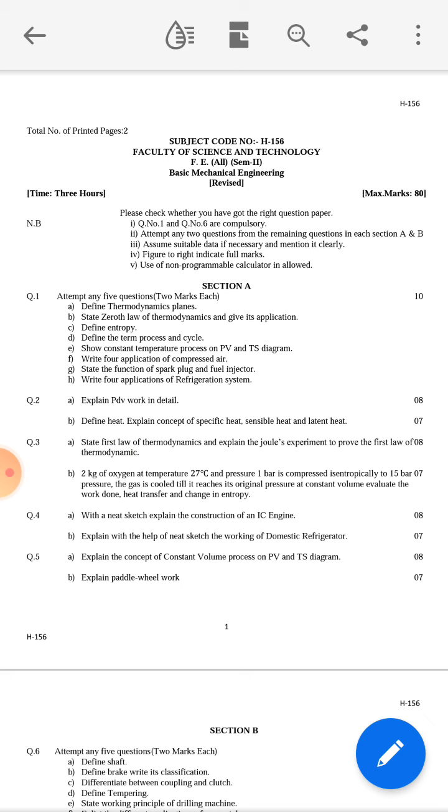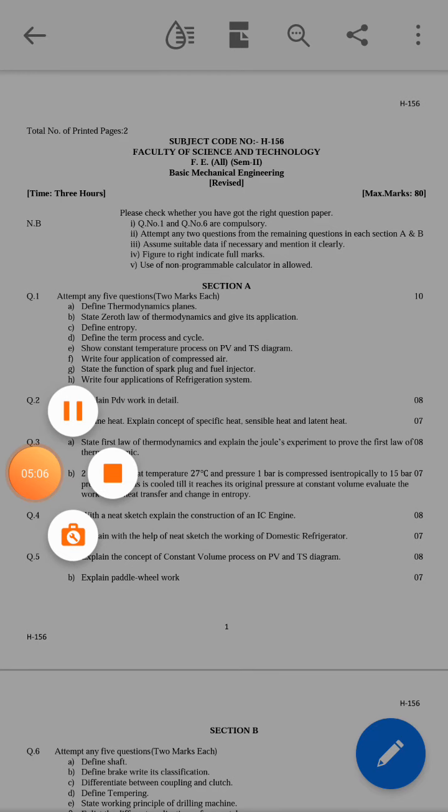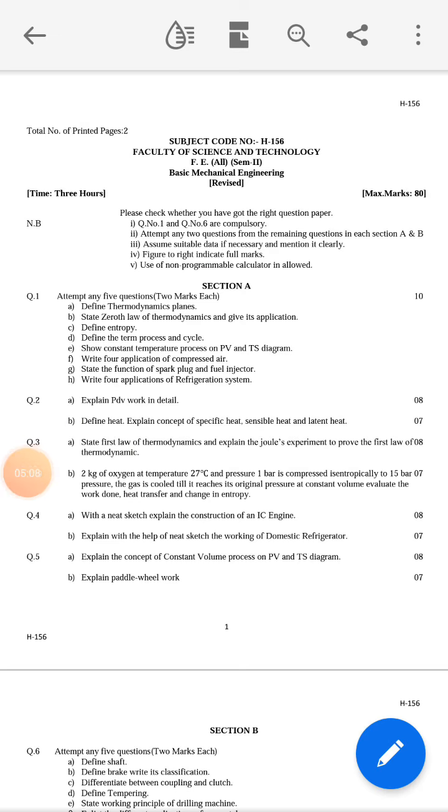right? Next, write 4 applications of refrigeration system. Refrigeration is to produce ice, right? To maintain vegetables fresh.